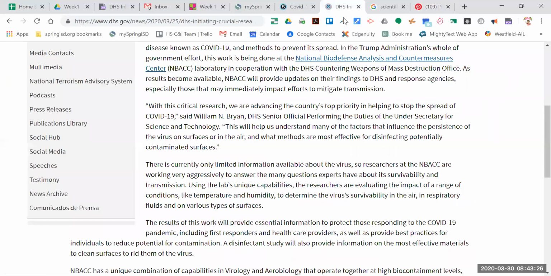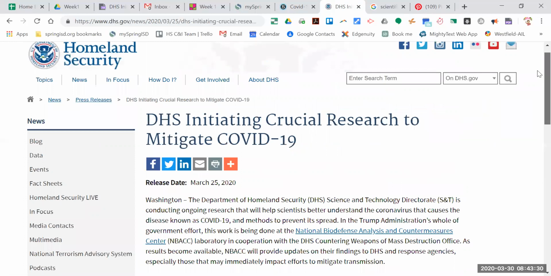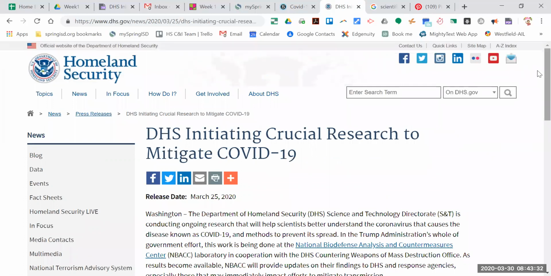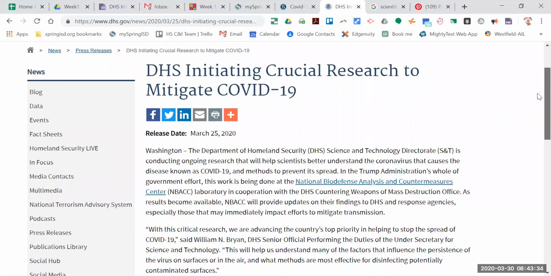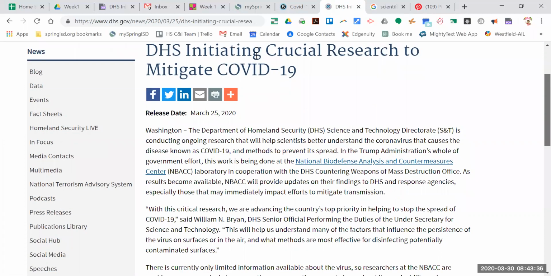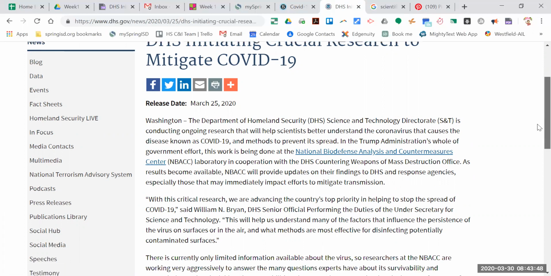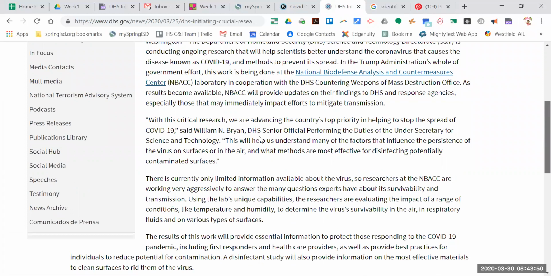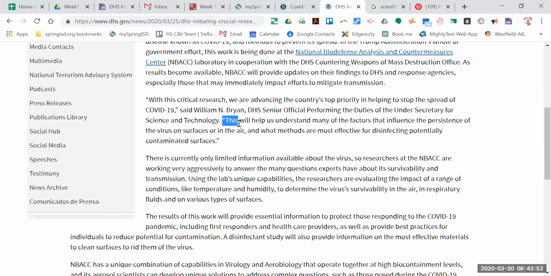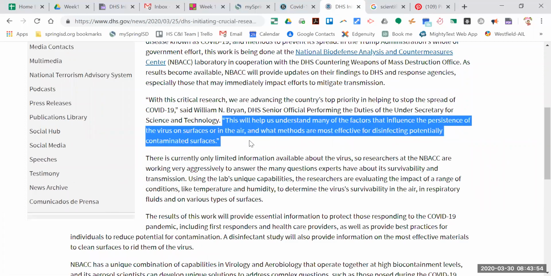Very cool. And so here is an article, and it's from the Department of Homeland Security. And it's kind of about how the Department of Homeland Security is initiating, so they're starting research to mitigate. So mitigate would be to get rid of or to solve COVID-19. So how are they working to get rid of it or to solve it? And so there's a phrase right here. I'll highlight this phrase real fast.